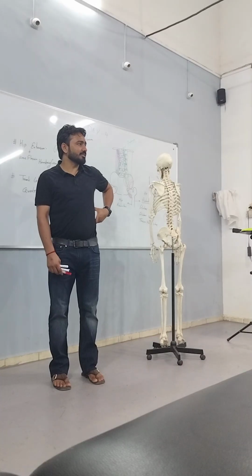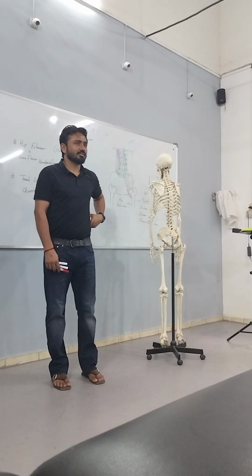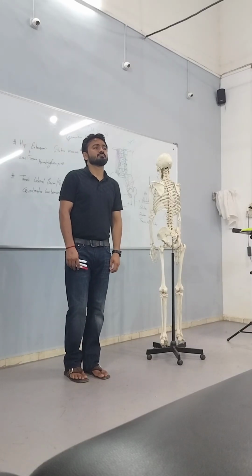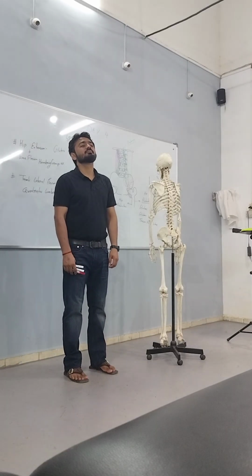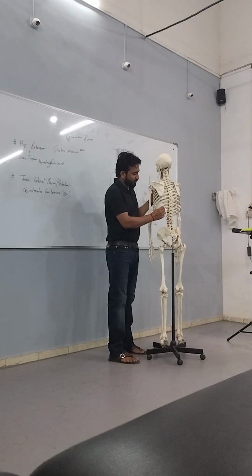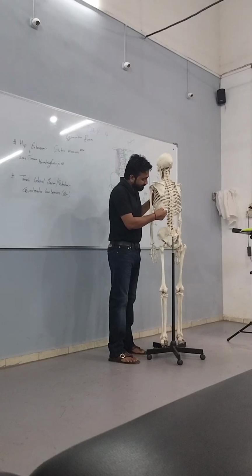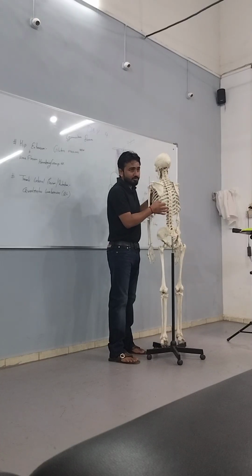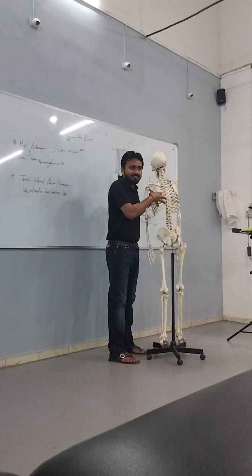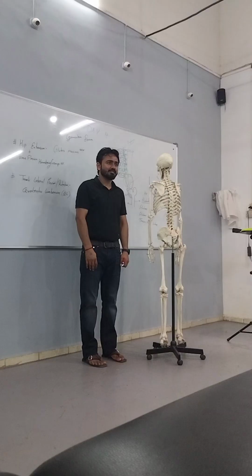When this muscle is contracting, your whole rib cage is going like this, especially if the upper part is affected. T12 is connected with T1 to T10. When you are pulling this rib, of course we are pulling the whole rib cage, and then the whole body becomes a little like this.